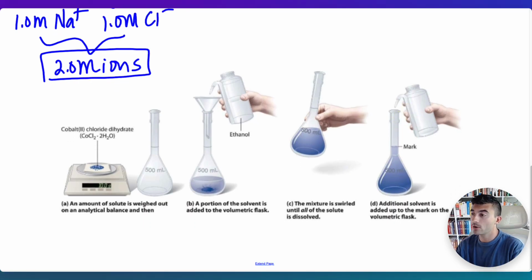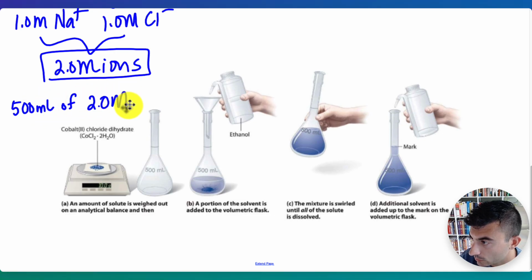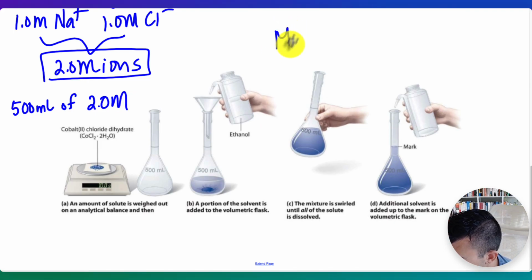So if you're asked to prepare a solution with a specific volume and molarity, there are a couple of steps. If we want to prepare, let's say, 500 milliliters of a 2 molar solution, the first thing we have to do is find the moles of solute that we need to dissolve. To do that, I need to use my molarity formula, but I have to make sure that my units are correct, right?